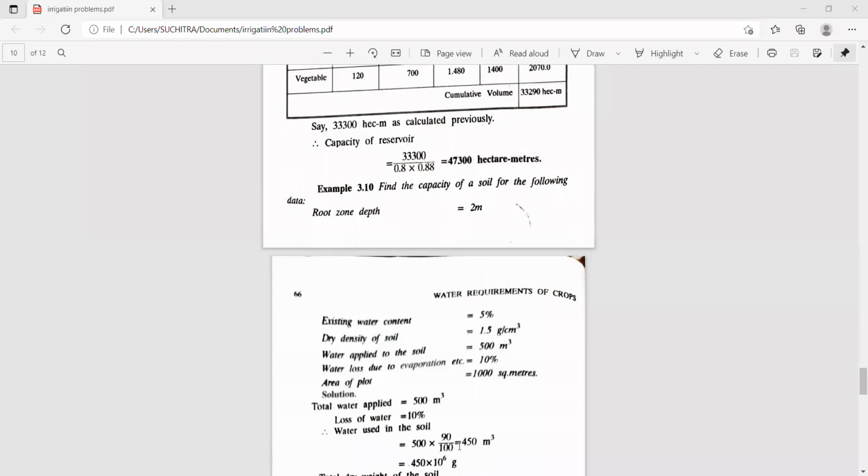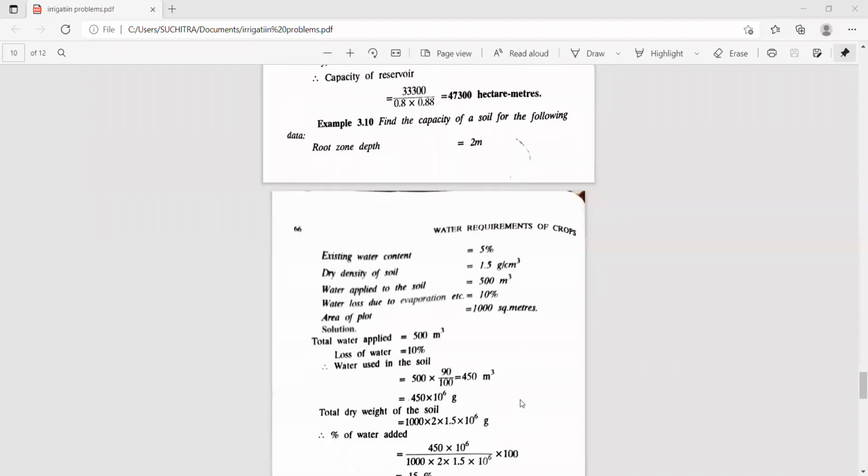So you have to convert this into grams by multiplying it by 10 power 6. Because the density of soil is given in gram per centimeter cube, you have to convert the total water applied into grams. It is about 450 multiplied by 10 power 6 gram.